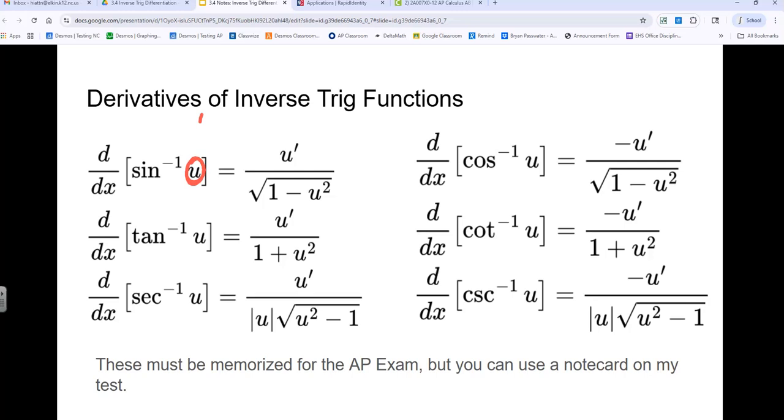Sometimes you have 2x, or 15x, or x minus 4. So that u right there can be whatever's on the inside. And since it's whatever's on the inside, you would have to do a chain rule with that, and that's where the u prime comes from. So the chain rule is already embedded into this. You don't have to do an extra chain rule on top of it.